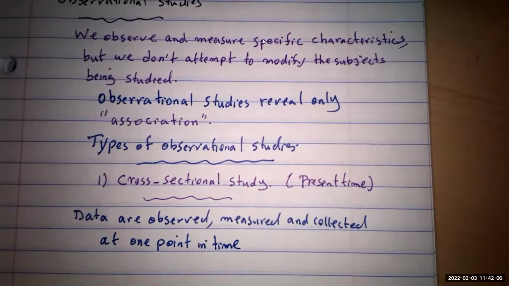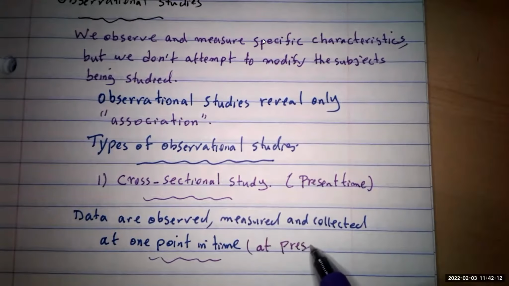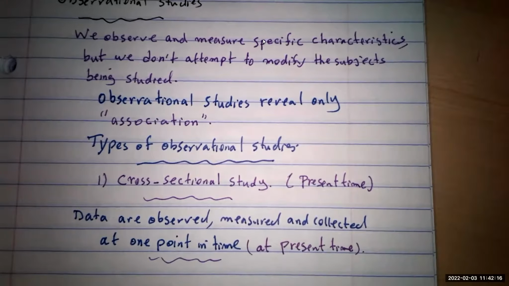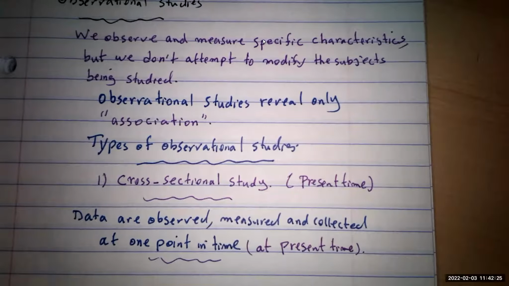That's a cross-sectional one, or present time. When we talk about the unemployment rate, it is a cross-sectional study, because you just check the unemployment day to day to see what happens at one specific time. So that would be a cross-sectional one.